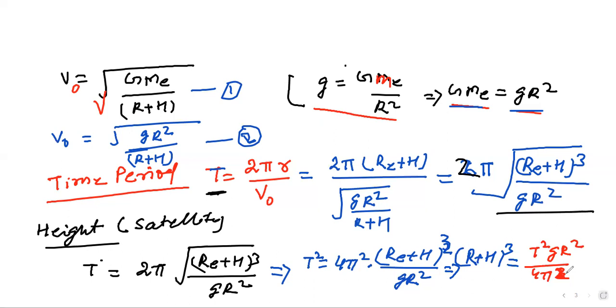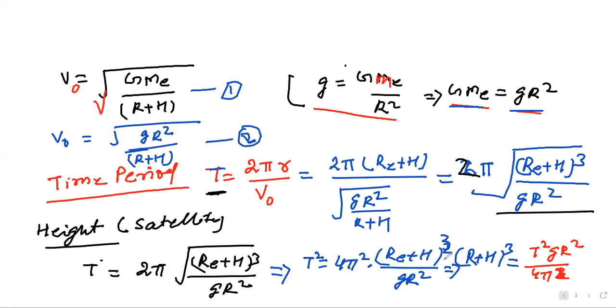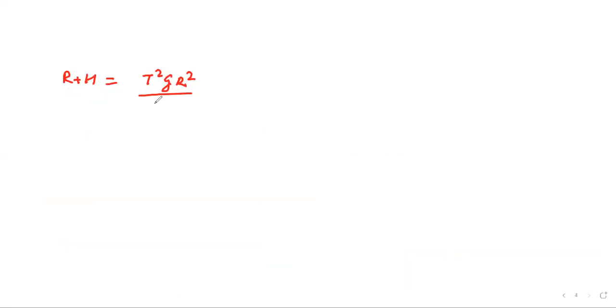I will write this on the next page. So R plus H equal to T square g R square upon 4 pi square, to the power 1 by 3.